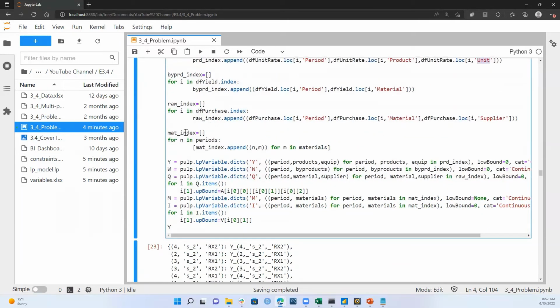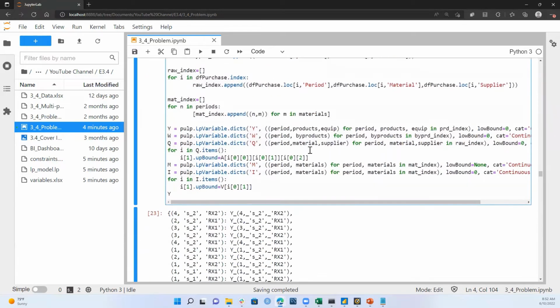And then we also make a material index, which is just going to represent the materials that we have at the facility in each specific period. So we're going to have an index that's basically period and material. So we create these indices and then we use them with the LpVariable.dicts method for PuLP to create these.